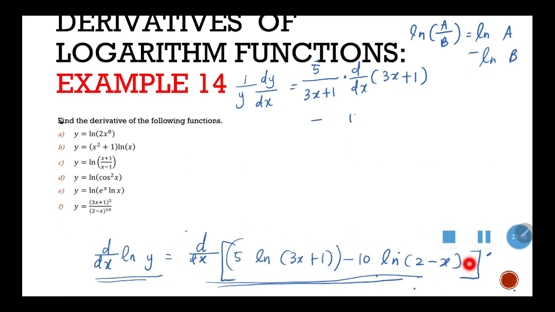Minus 10 over 2 minus x, times the d/dx of 2 minus x.